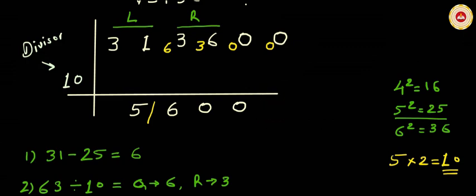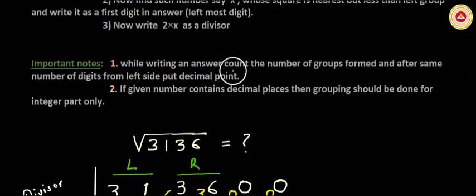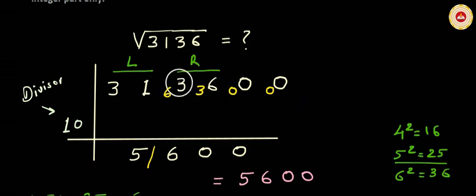So let us write our answer. And how to write the answer? See, while writing an answer, count the number of groups formed, and after the same number of digits from the left side, put the decimal point. So the answer is 5, 6, 0, 0. How many groups were there? 1, 2. Two groups.